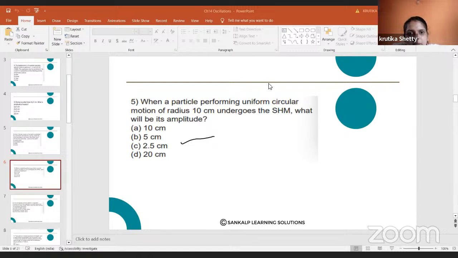Amplitude is nothing but the maximum displacement of the particle from the mean position. So this is nothing but, if you assume it as a circular motion, the radius here. So the radius itself is equal to the amplitude. So sorry, that is 10 centimeter only. I thought it was 5 centimeter that was given. Yes, it is 10 centimeter. Sorry, it is my mistake.